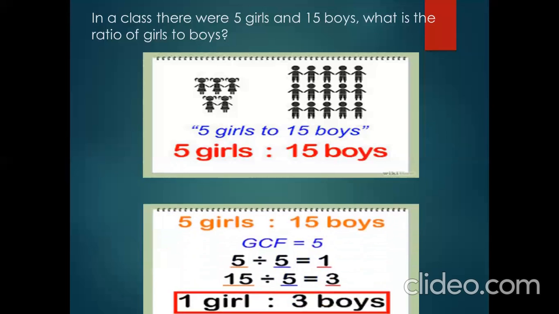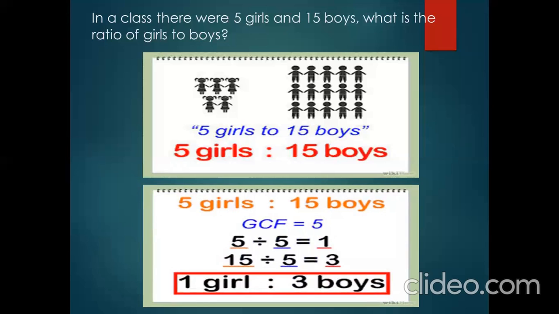That's why we can divide by 5. We will get 1 girl is to 3 boys. What does it mean? It means for every 1 girl, there are 3 boys in the class.